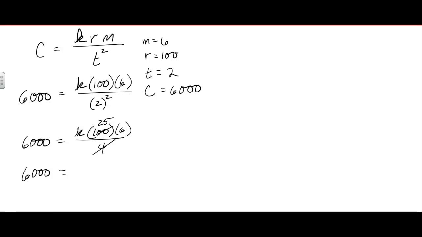Let's see, it's 300. I'm going to double check that, just in case I'm not multiplying right. 25 times 6. Oh, I didn't multiply right. It was 150. Off in my math. These things happen. Good thing I double checked. And then I'm going to divide by 150.